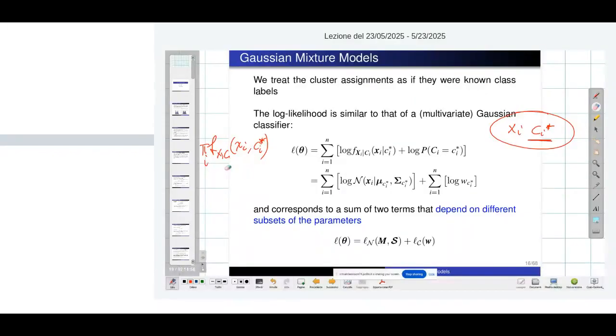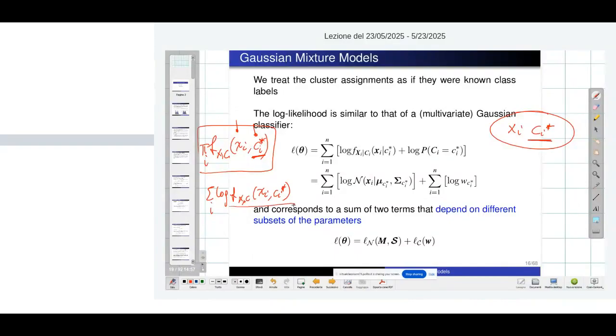It's a product over the samples of the joint density of a sample and the corresponding cluster label. That's the same we were doing with the Gaussian model at the beginning of the course. These were class labels. In this case, these are the cluster labels. But the density expression is similar. Then we pass to the logarithm. This becomes a logarithm of joint densities.